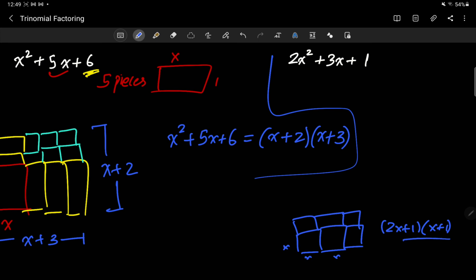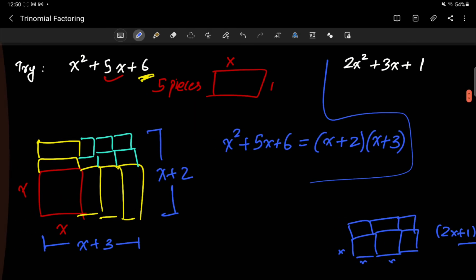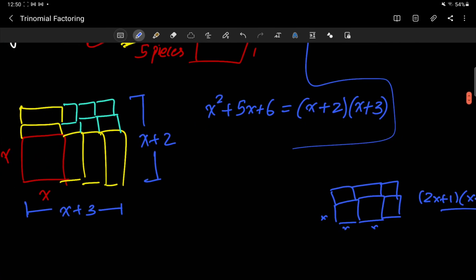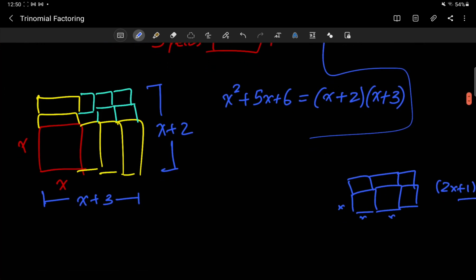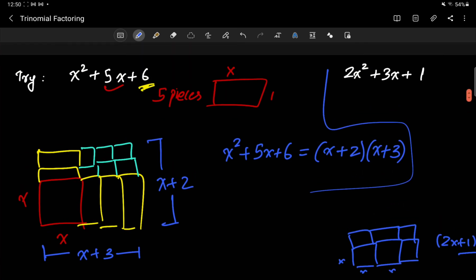So that's the visual way of factoring these trinomials using rectangles and moving them around to form larger objects, and using the fact that when you move around these pieces to form a bigger object, you don't lose any material, meaning you don't lose any area. Okay, that's the first method.